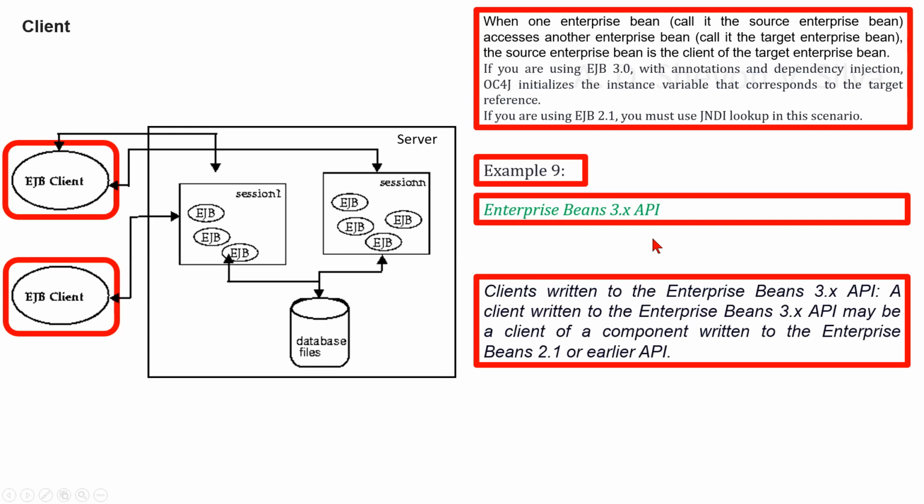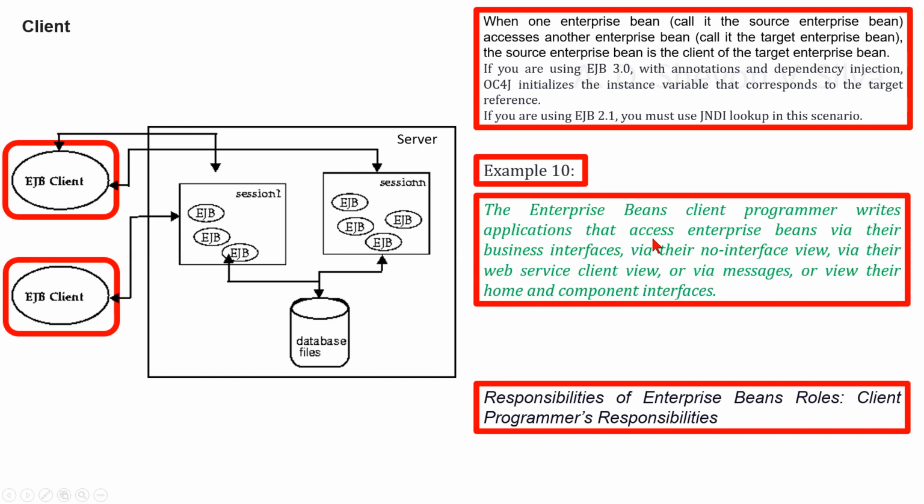The EJB annotation or the EJB-ref and EJB-local-ref deployment descriptor elements may be used to specify the injection of home interfaces into components that are clients of beans written to the enterprise beans client view. Now we are considering client programmers' responsibilities and responsibilities of enterprise bean roles.